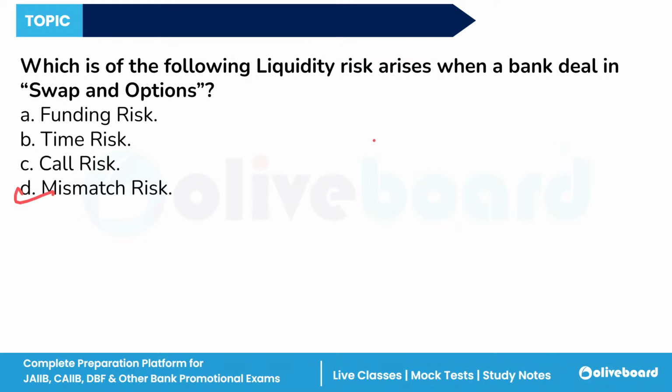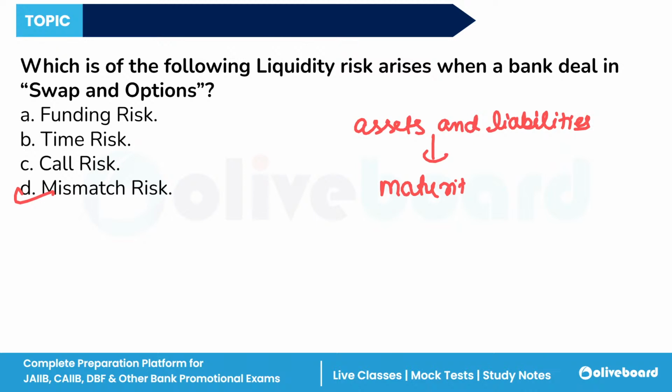Mismatch risk is a type of liquidity risk which arises when the assets and liabilities have mismatched maturities or cash flows, which can happen when the bank engages in complex instruments like swaps and options.